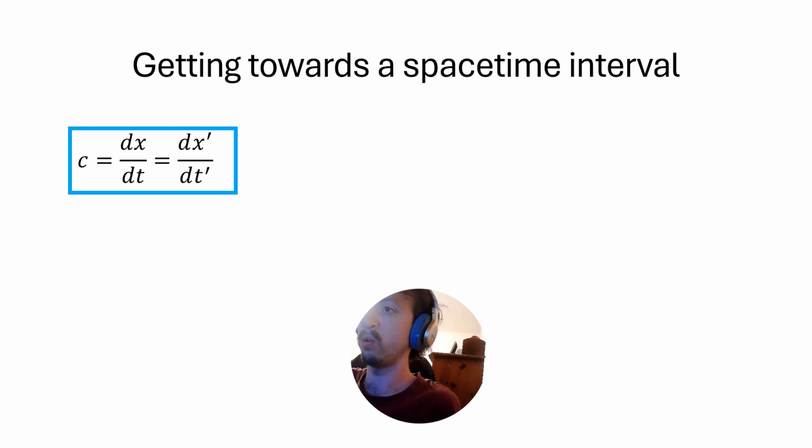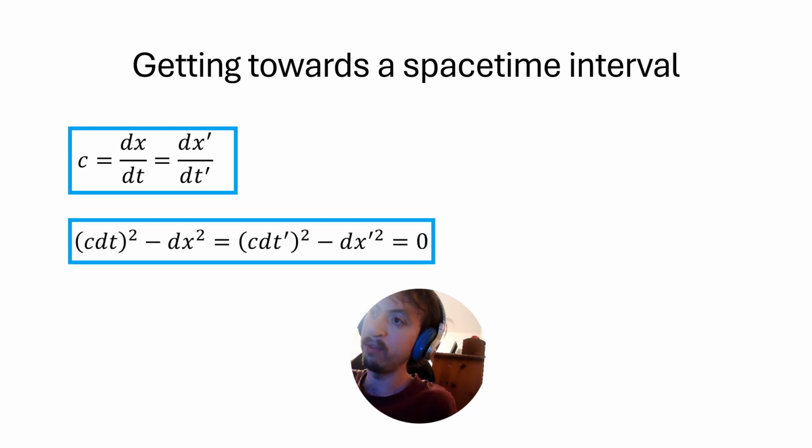So if this equation is true, then evidently this following equation, just by rearranging the top equation, would also be true. And what this gives us is the space-time interval between events according to light. This could be between any two events, because this will be true no matter what distances dx or times dt we're talking about.